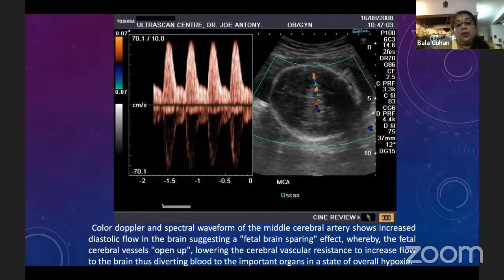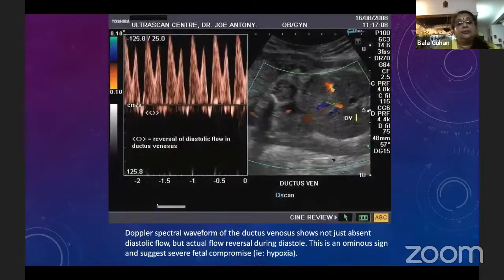So the brain sparing effect shows that the baby is compromised and hypoxic.